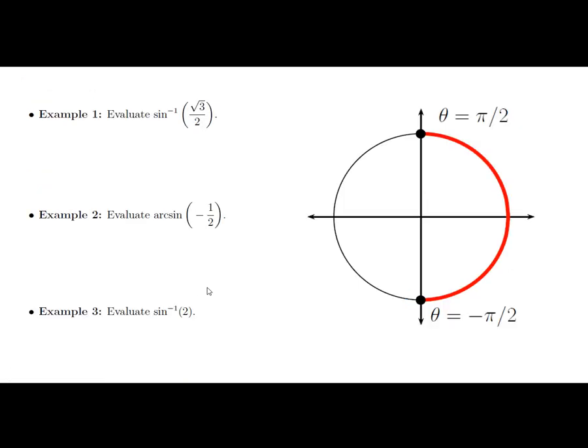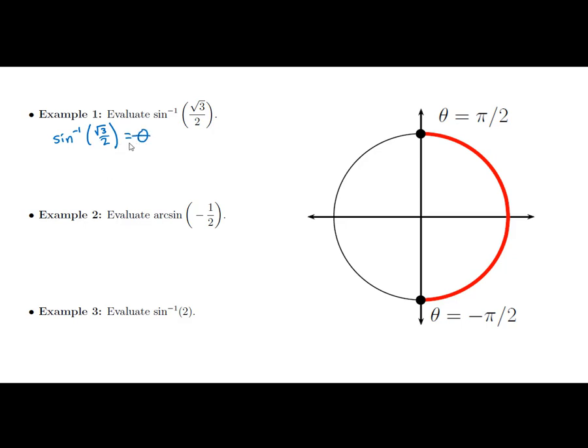All right, so example 1 here asks us for the sine inverse of the square root of 3 over 2. Especially when you're starting these, here's the way to start. First of all, understand that the answer it wants you to give is an angle.